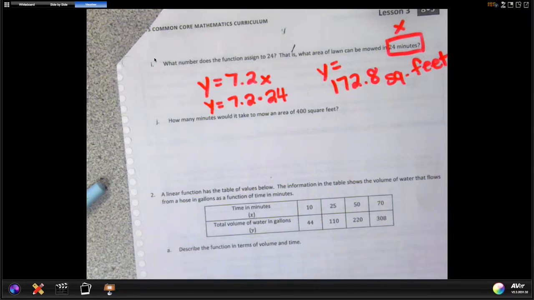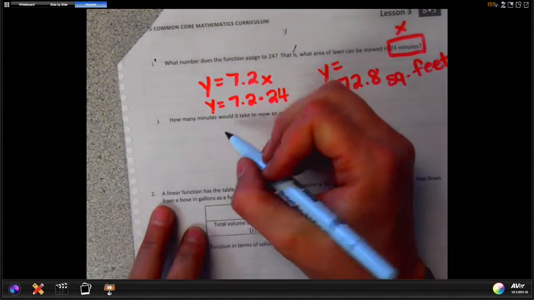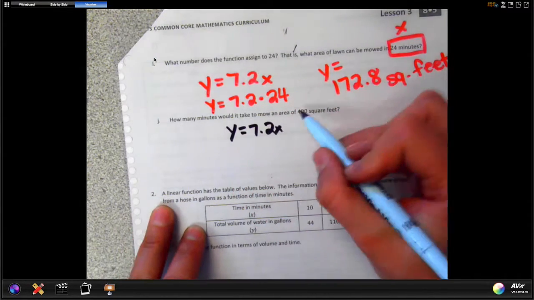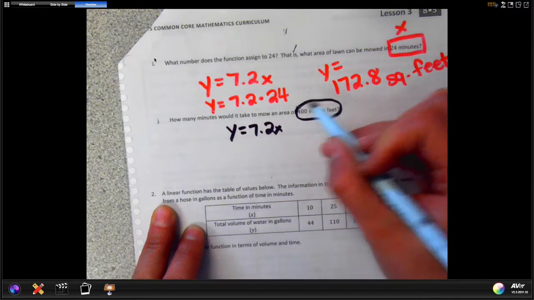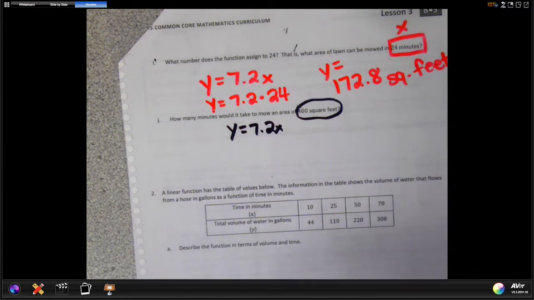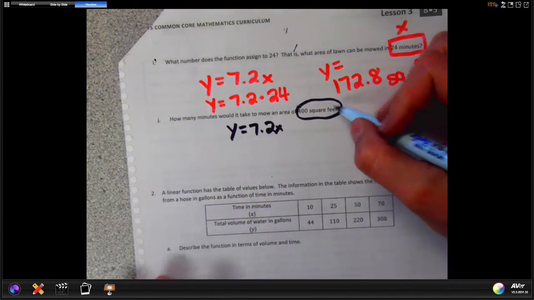Okay, and then the last question here, how many minutes would it take to mow an area of 400 square feet? Okay, so now this time, again, you already wrote your equation, y equals 7.2x. 400 square feet, now we got to decide, is that an x value or a y? So if you go back to your original chart, if you're not sure, it tells you that square feet are y values.